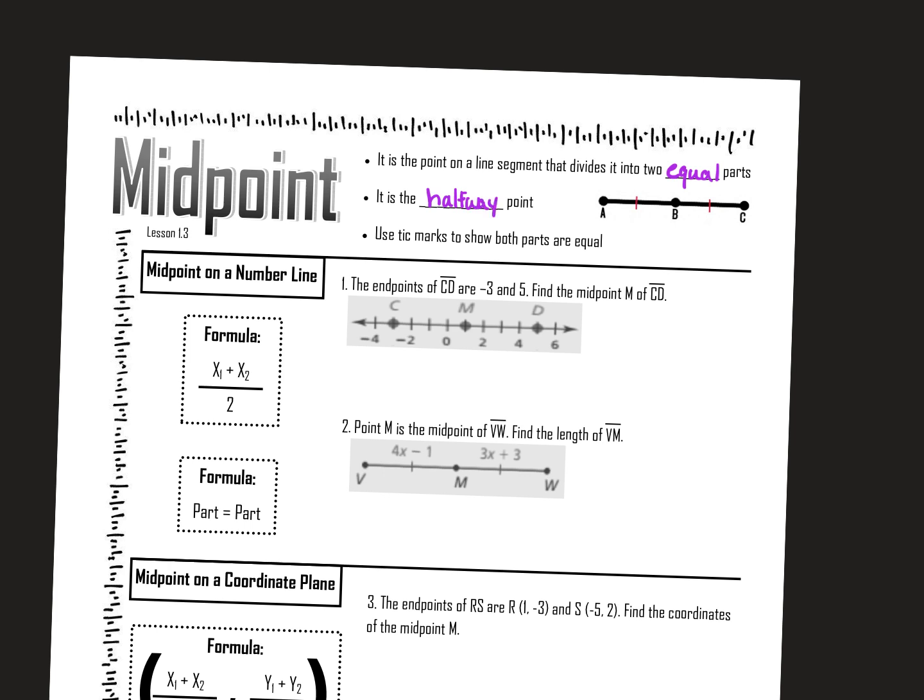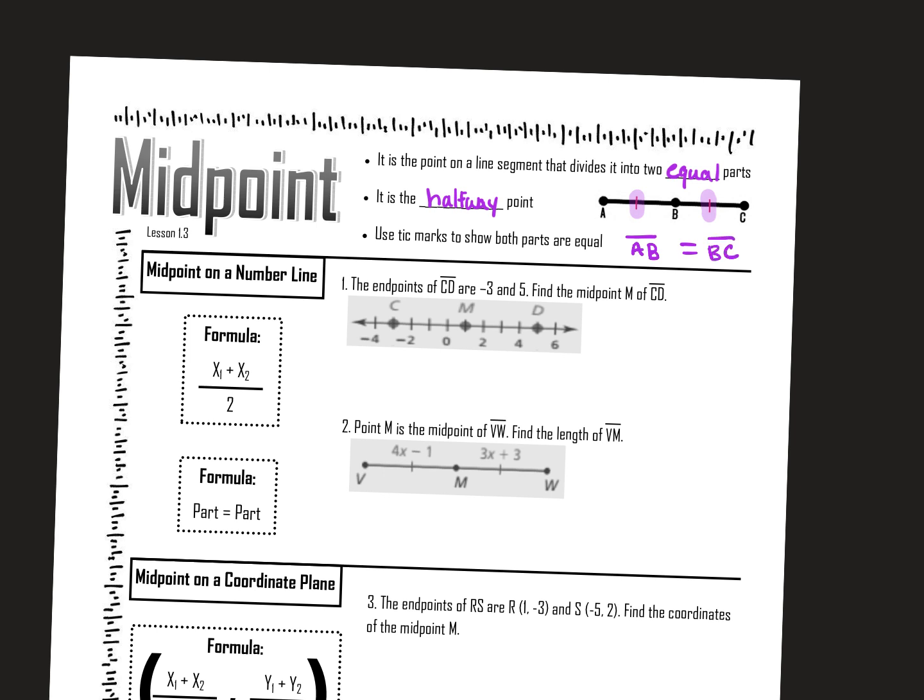And we use tick marks on this line. If you look at these little red tick marks that I just highlighted in purple, those tick marks mean that those two segments are equal. So in other words, we can say that segment AB is equal to segment BC.